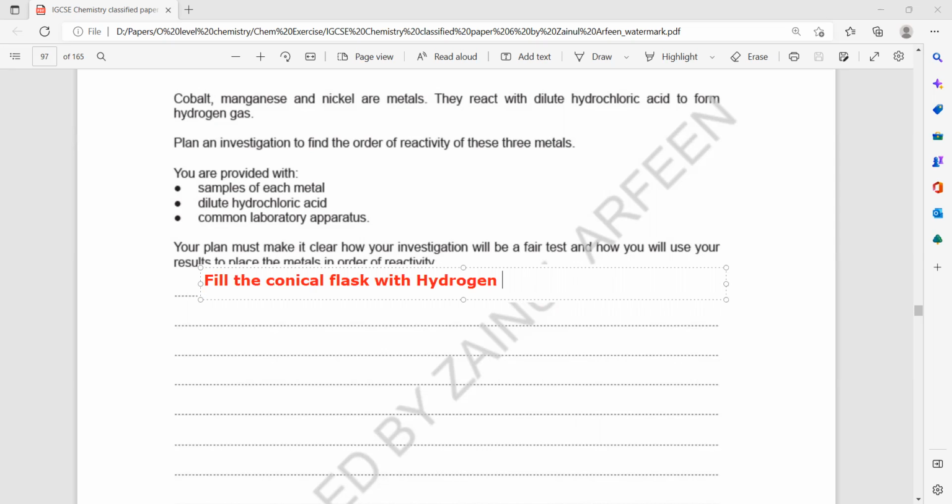You should write the full name. And better mention the amounts as well, like fill the conical flask with 25 cm cube of hydrochloric acid. Which apparatus can be used to measure this 25 cm cube? A pipette. I can also use a measuring cylinder, but it won't be accurate, though it will transfer it quickly. So fill the conical flask with 25 cm cube of hydrochloric acid.